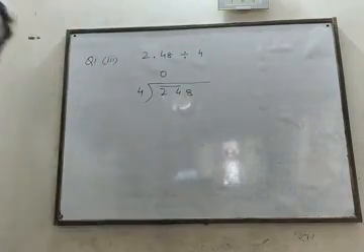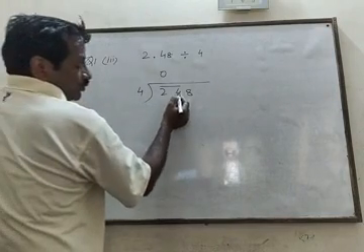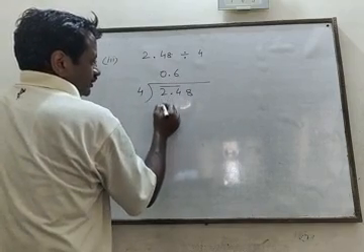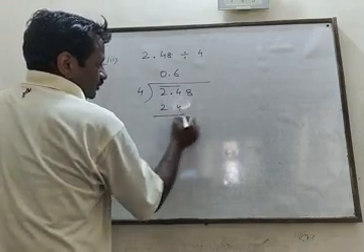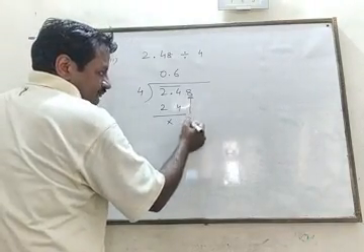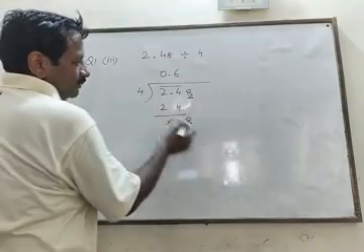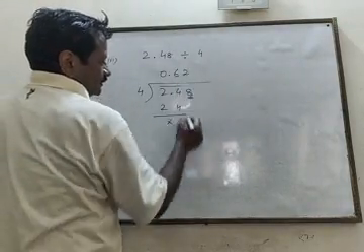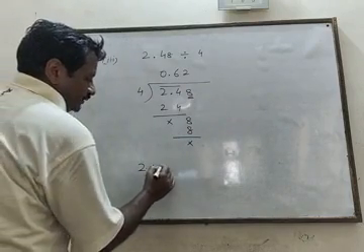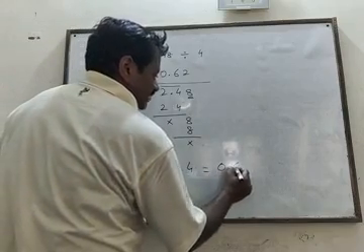But before that, the decimal will go up. Now 6 4s are 24. Cross. Carry down the next 8. Now it is divisible by 4. 4 2s are 8. Cross. So 2.48 divided by 4 is equal to 0.62.